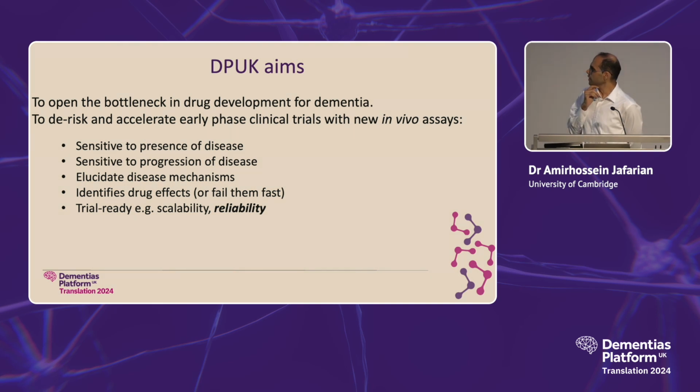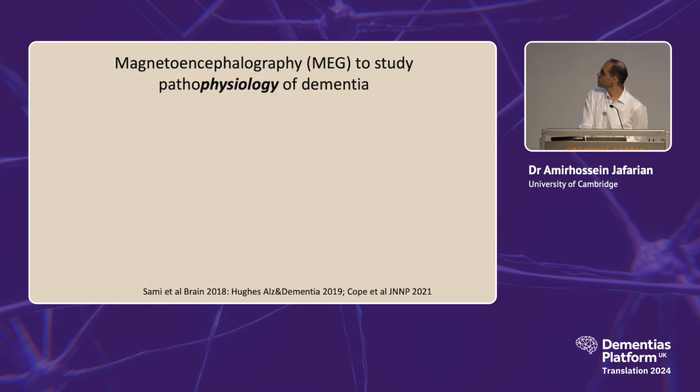So our focus here is not to give you any disease mechanism, but to say that our translational tool is reliable when it comes to repeated measures of the same event.